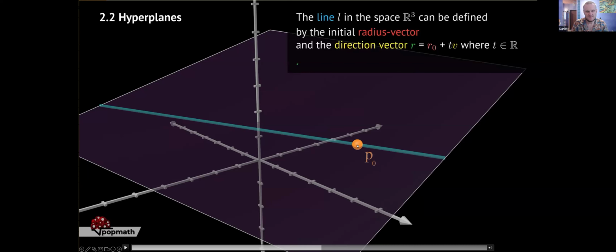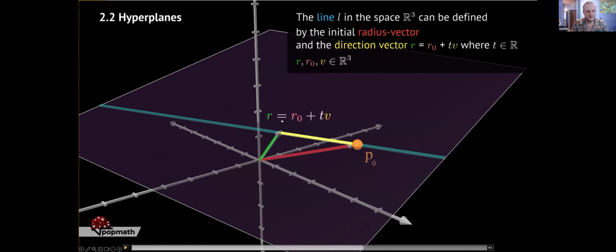So the first vector basically tells us where we start. So we start here, for example. And the second vector tells us in which direction we have to move. That's why we scale it by t, because we can move any number of steps in that direction, right? So we have our starting vector and our direction vector.